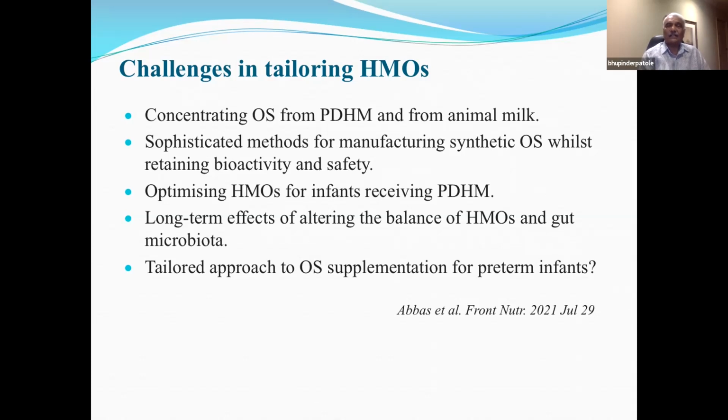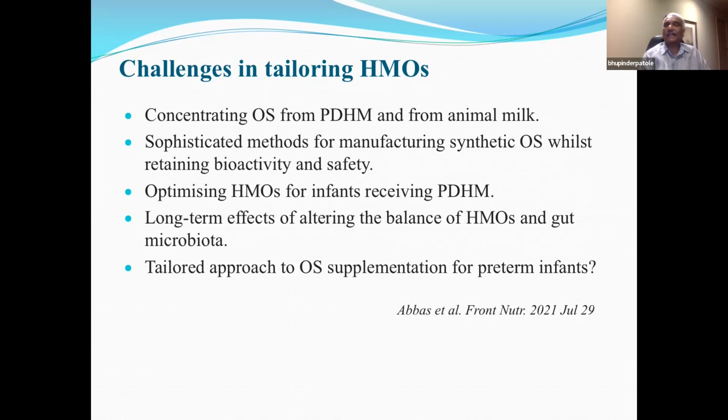One good thing that we know is that the pasteurization process luckily doesn't hurt the prebiotic oligosaccharides much compared to what it does to the probiotics. We don't know what are the long-term benefits of supplementing human milk oligosaccharides, synthetic or natural, to a preterm baby.